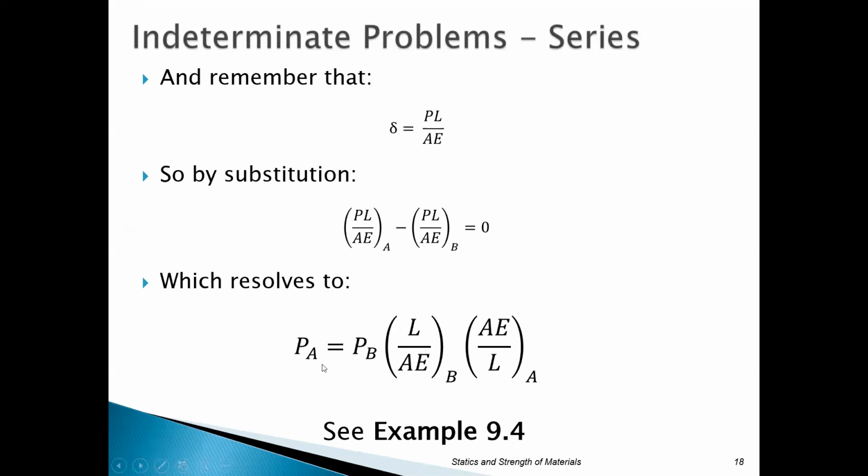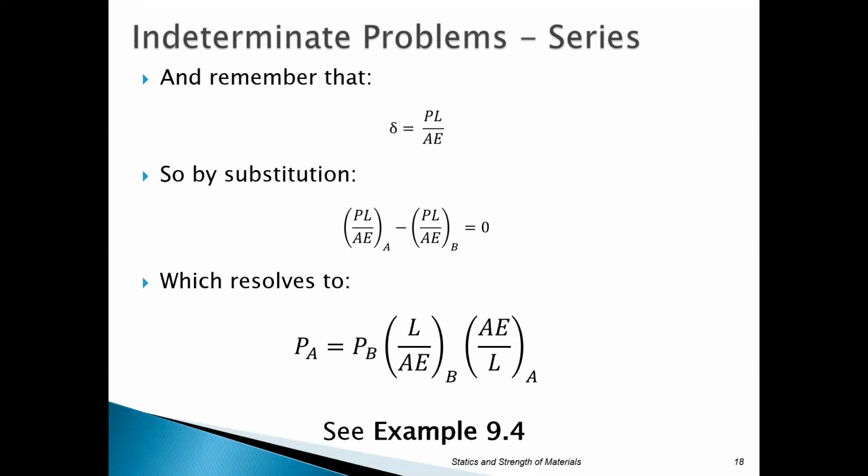Notice what we've got is the force of A is going to be equal to the force of B times L over AE for material B times AE over L for material A. So we're going to know the L's, the areas, and the E's. We're going to get a number here in terms of PB, which we can then plug back into the initial equation, and we'll be able to solve this thing.